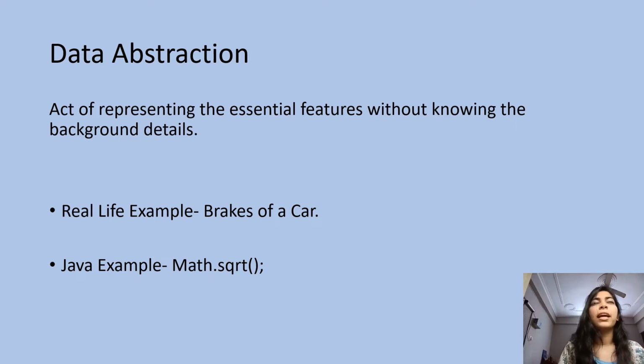Say, in real life, we have brakes in a car, right? We know that its work is to stop the car, but we do not know the mechanism of levers working inside of the car to stop it, right? Similarly, in Java, we have certain functions whose work we are aware of, but the coding behind it is hidden.